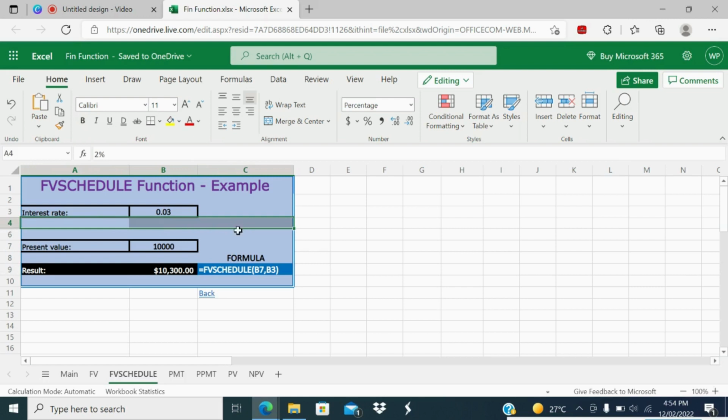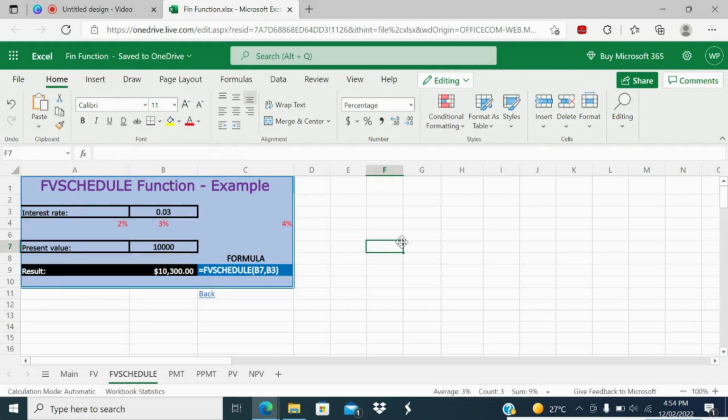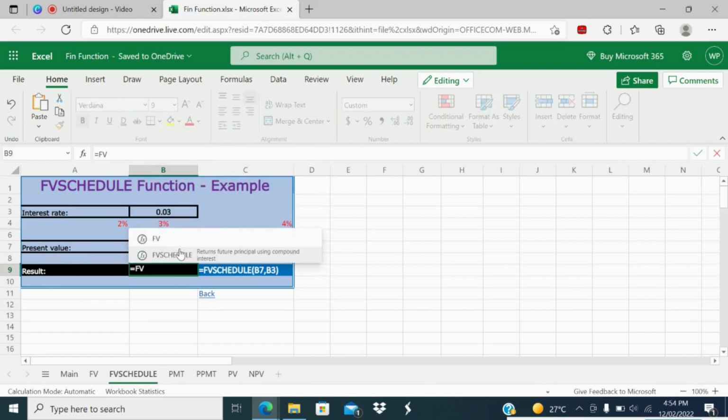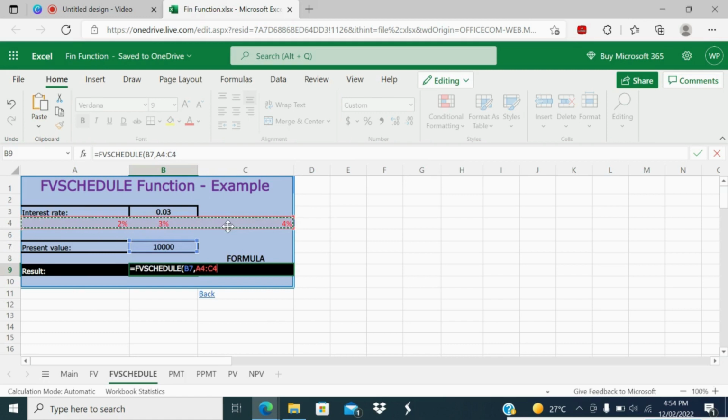In this case I have interest rates of 2, 3, 4%. So I will calculate equal FVSCHEDULE, principal, that is 10,000, comma, and the array of interest rates, that is 2, 3, 4%, and I will close the bracket.